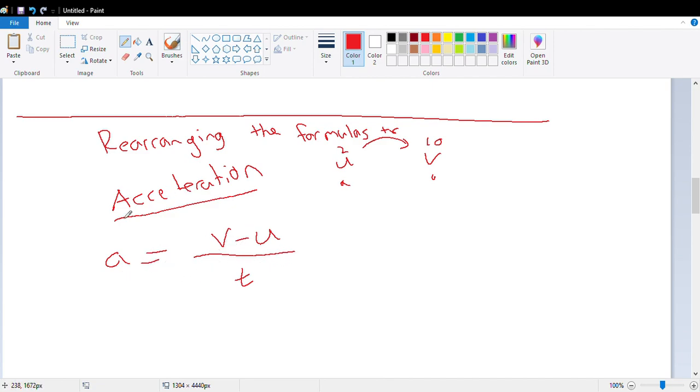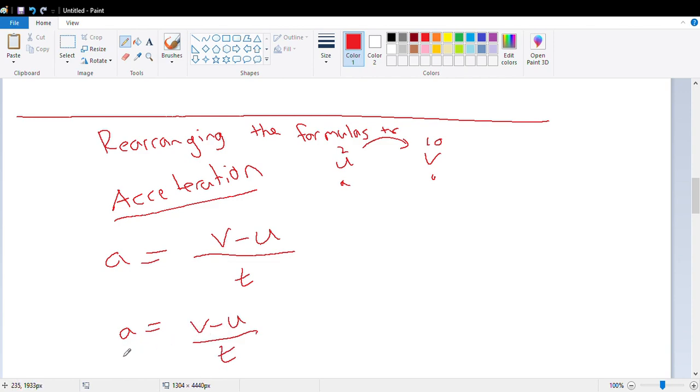What would happen if you got a question where you had to find t? Clearly t is not out the front, so you need to rearrange for t. So if you want to rearrange something, my advice is to write out the formula twice. First line is so that you can see what you're looking at, and the second line is for your workings.